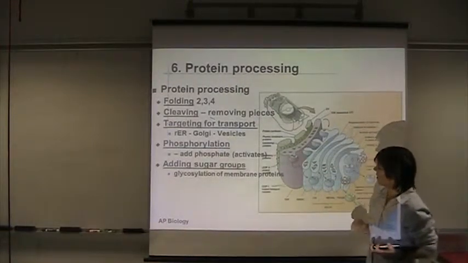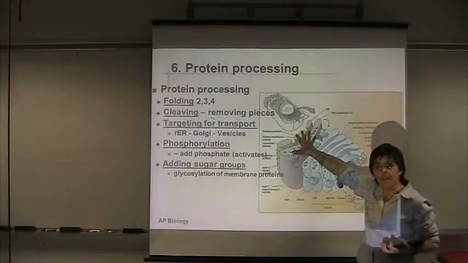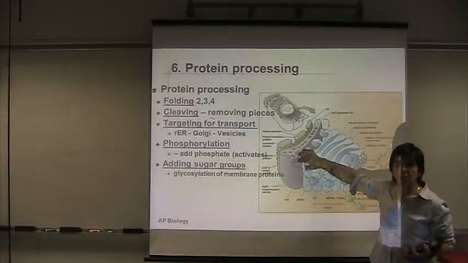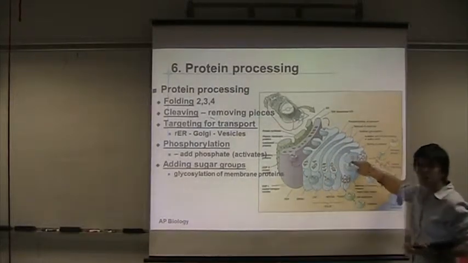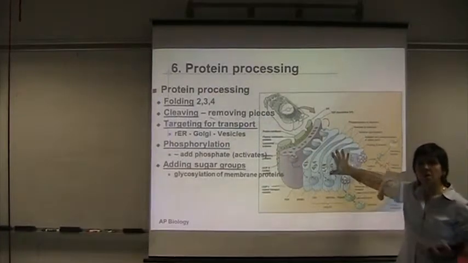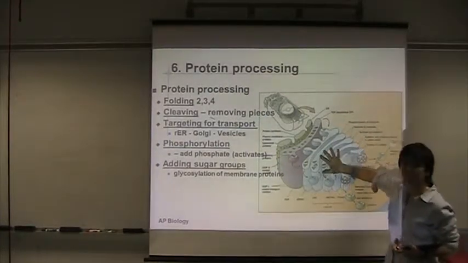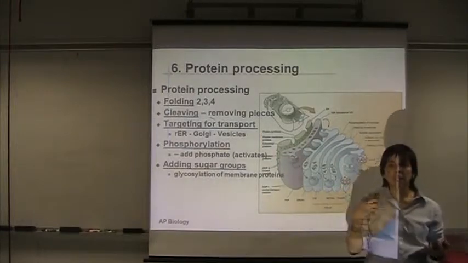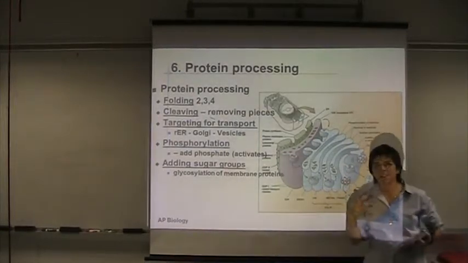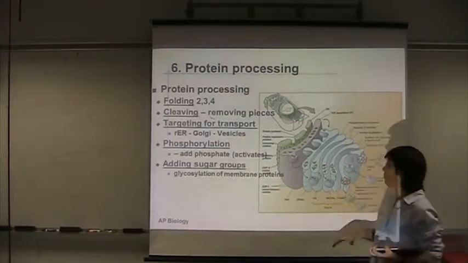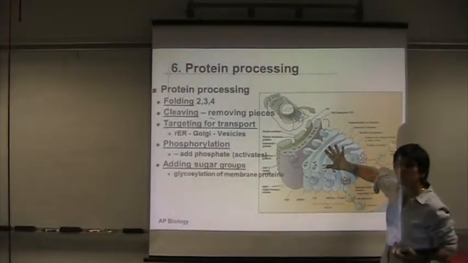Once the protein is in the ER, it's going to be placed in vesicles, and those vesicles are going to move to the Golgi. And the Golgi is the big organelle that is going to complete the modification. Any other modifications that need to happen to this protein are going to happen here in the Golgi.